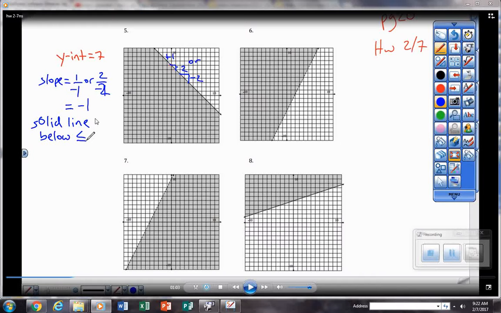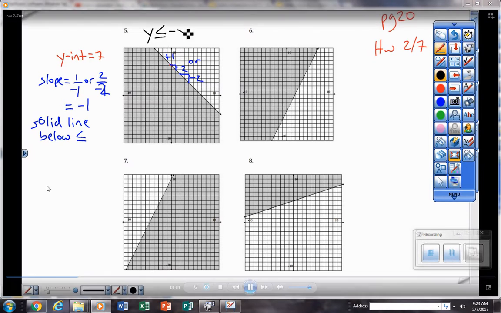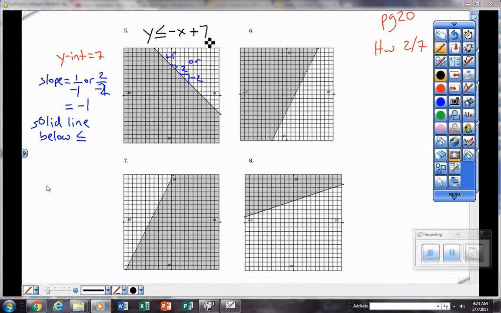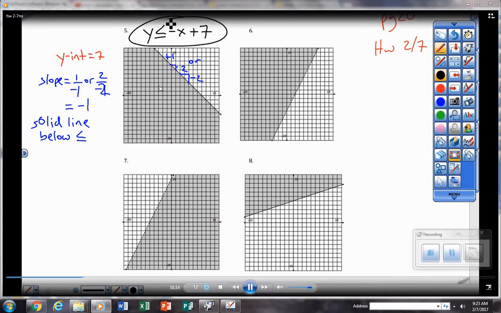Now I put all three parts together: my slope, my y-intercept, and my inequality. So that is y less than or equal to negative x plus 7. That is the inequality for that graph right there.